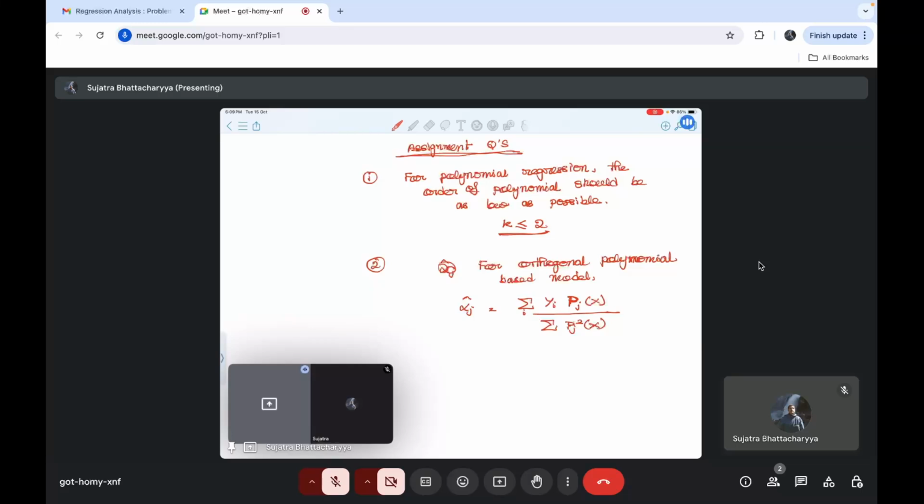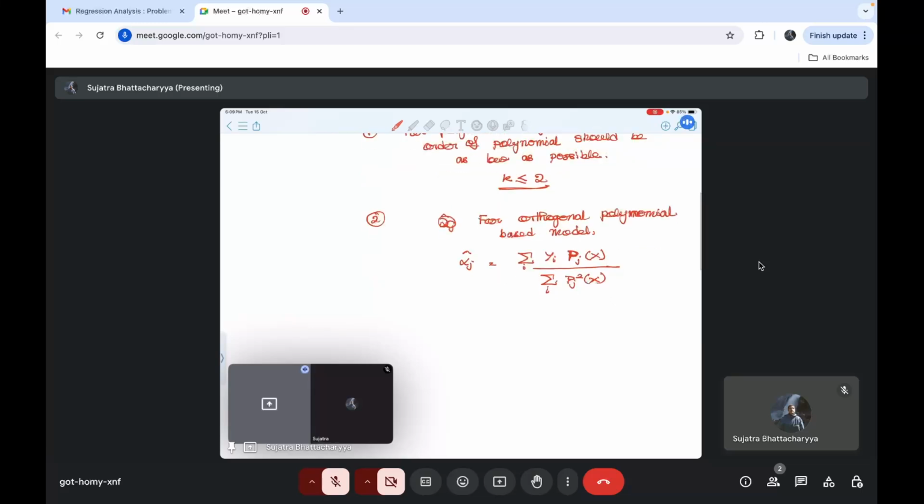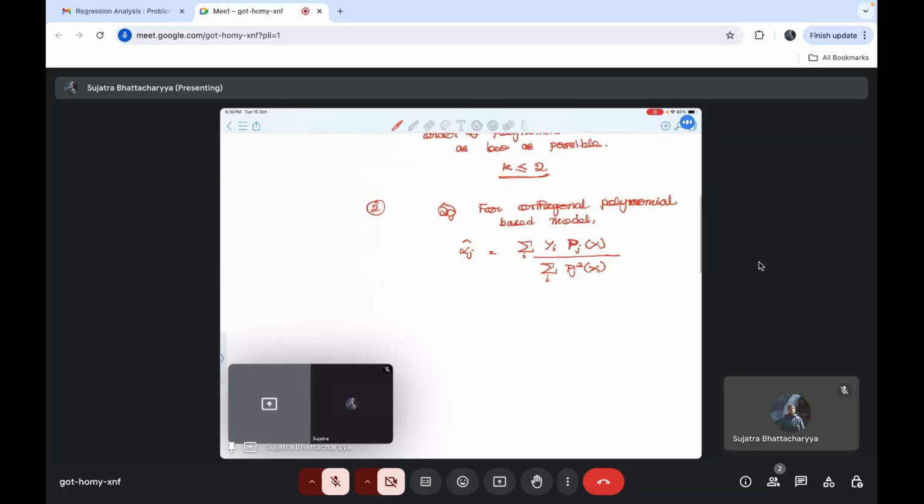In the denominator is the summation of the square of the j-th order polynomial, and in the numerator is the polynomial weighted response, summed. This is how alpha j hat is to be calculated.